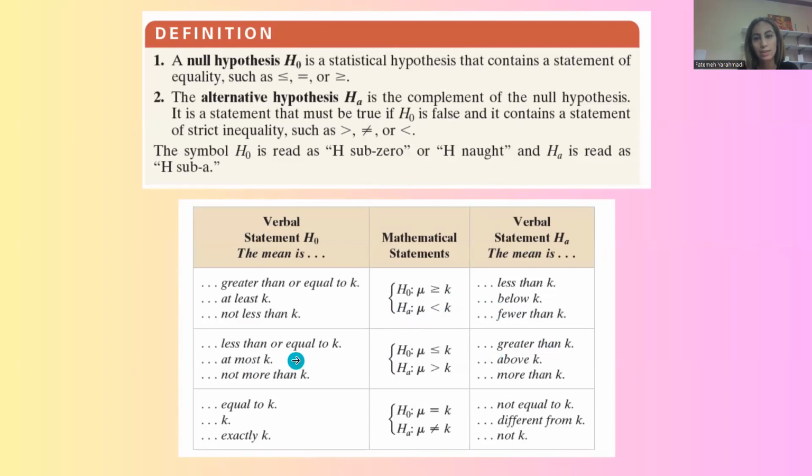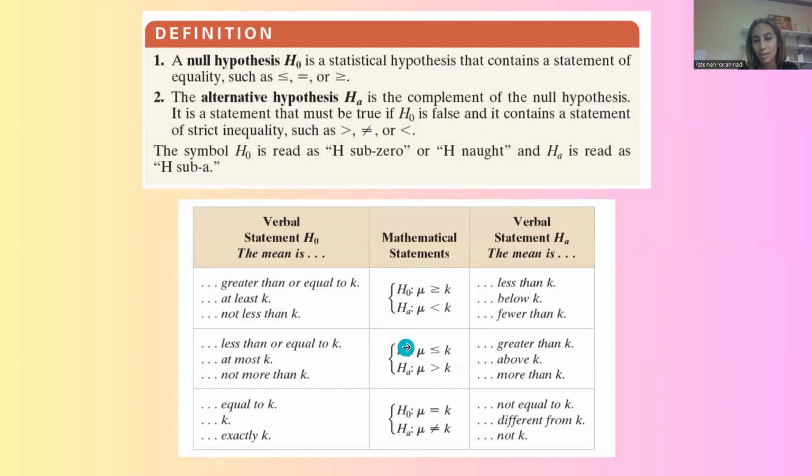Now let us move on to the second set of verbal statements. If you see in the question the keywords less than or equal to, you see equality. At most k, not more than k. It means that you have the null hypothesis, the top one.